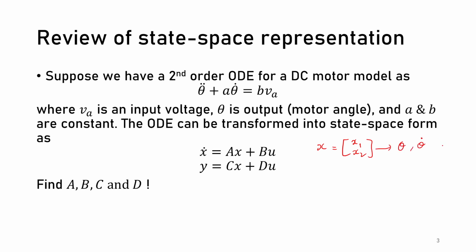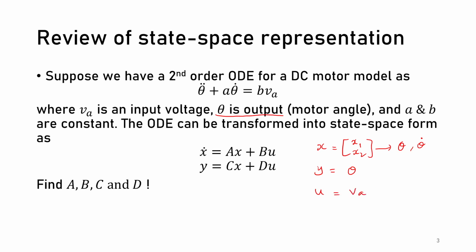And y is actually the output of this equation. So y is output, then it means y is just theta. And u is input, then u actually is just VA.